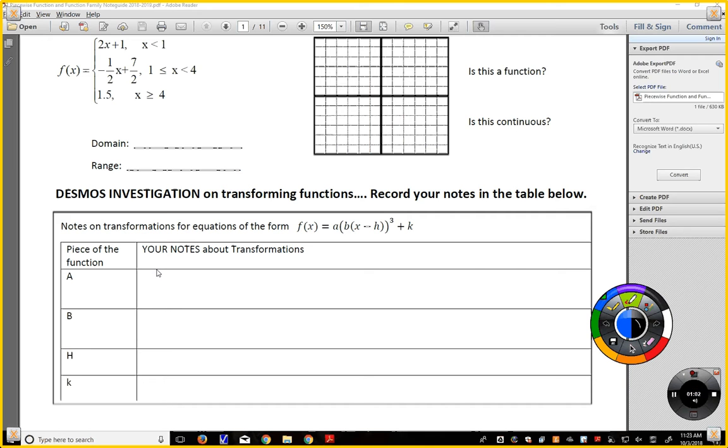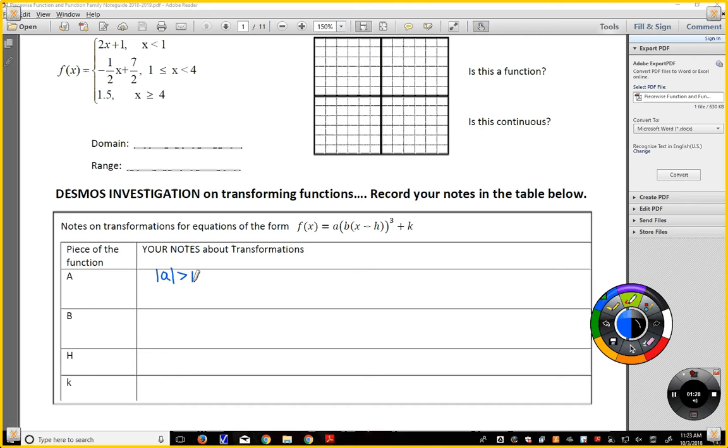One thing it can do is stretch or compress your graph, right? You guys saw the square root function. When you changed the A value, it got higher arching, or it got really flat and almost looked like a straight line. So the number that A was affected that. If your A value was bigger than 1, and notice I put absolute value bars around it, that's not to be scary.